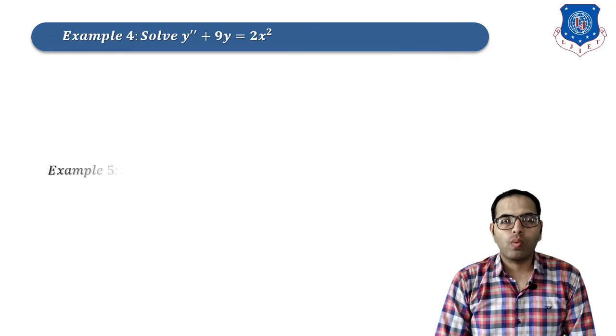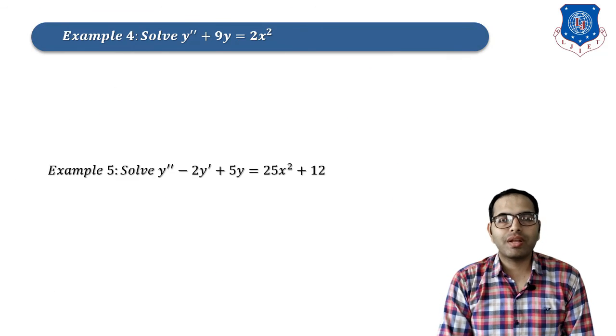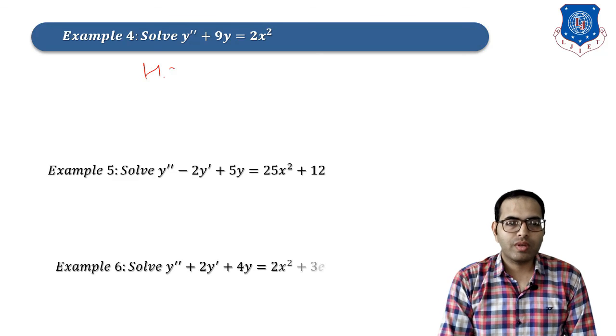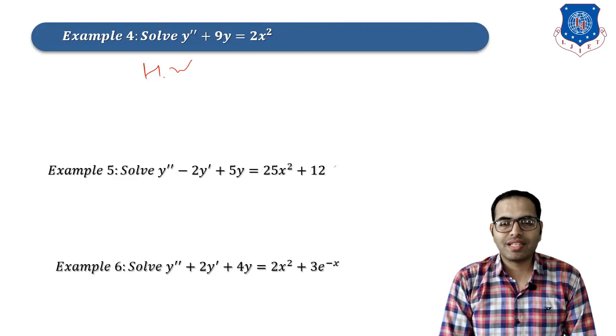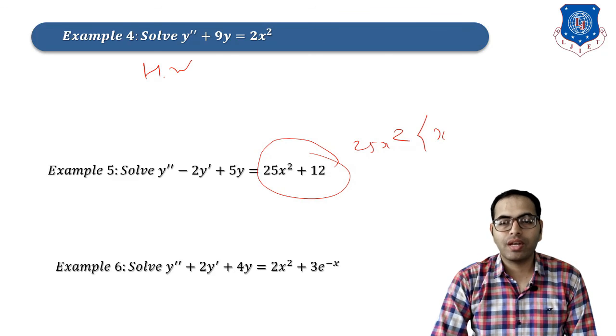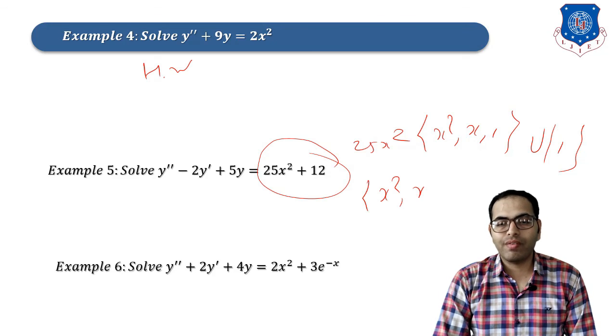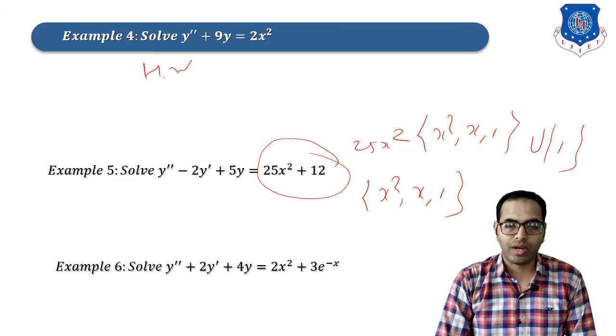Let's move on to one more example. y'' + 9y = 2x^2, which you can try yourself as homework. Another one is y'' - 2y' + 5y = 25x^2 + 12. For such an example, we first find the family: for 25x^2, it is x^2, x and 1, union the family of 12, which is 1, so the total family is x^2, x and 1.